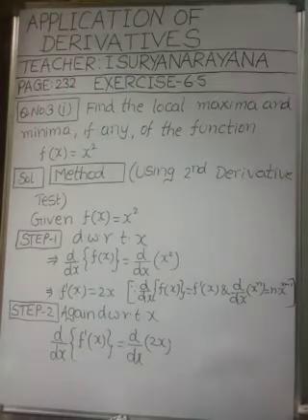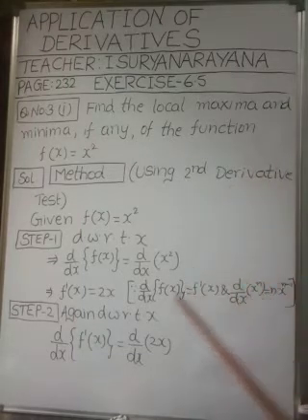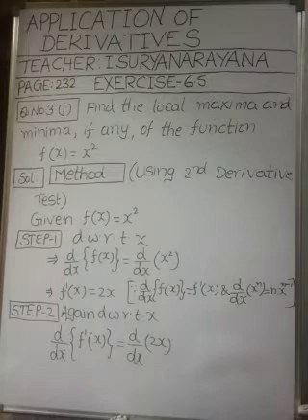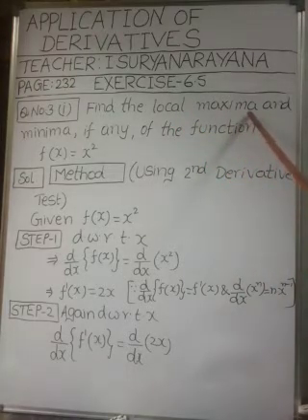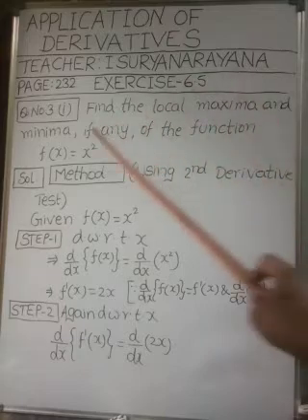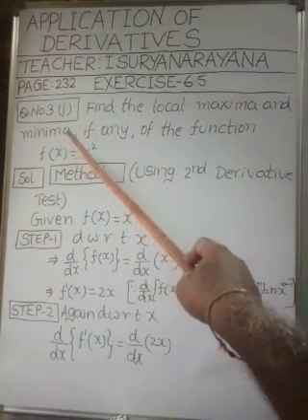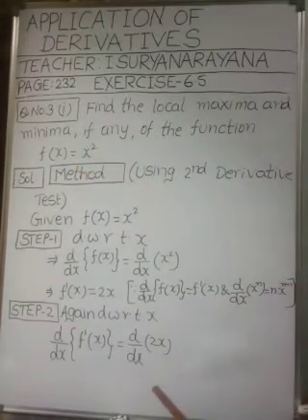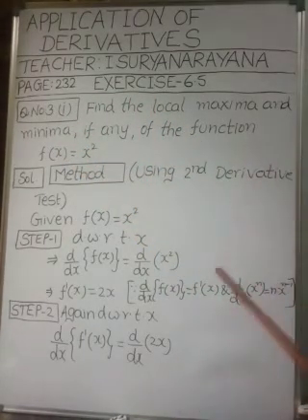Sometimes the function f of x has more than one local minimum value and more than one local maximum value. That is why they used the words local maxima. We get more than one value. Okay, my children, understood?